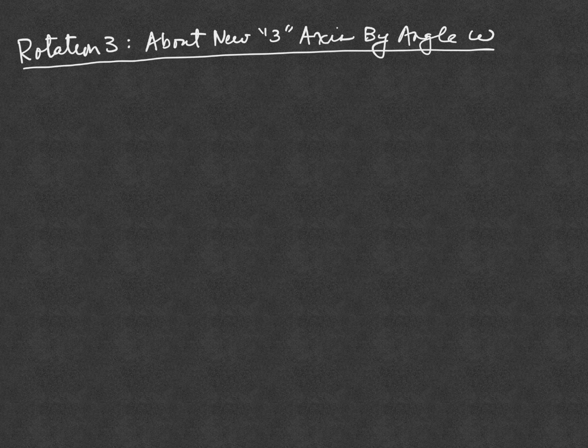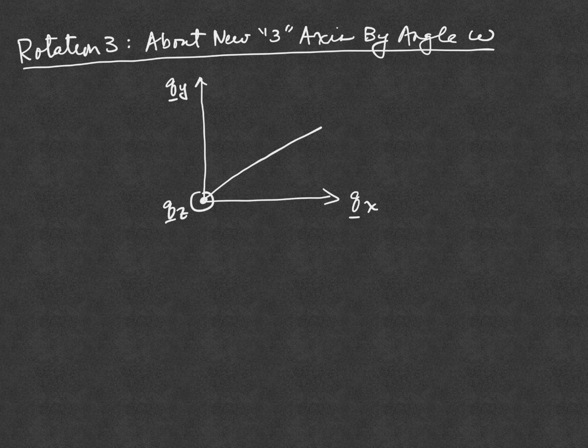And this geometry looks a lot like the first rotation, where in this case we're starting with the basis qx, qy, qz, and we're doing the rotation about qz, because that's the 3 direction. And that results in the perifocal basis. So the end result of this rotation here is in fact the perifocal basis. And this angle is little omega.